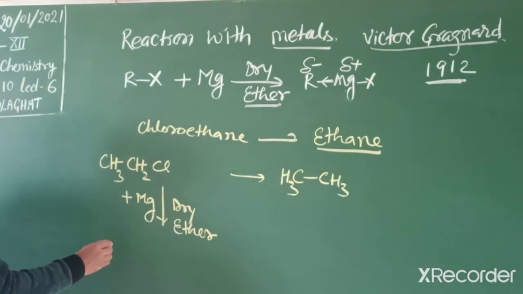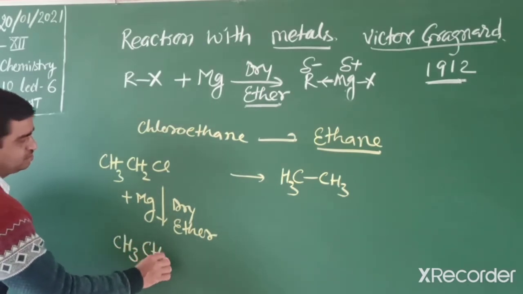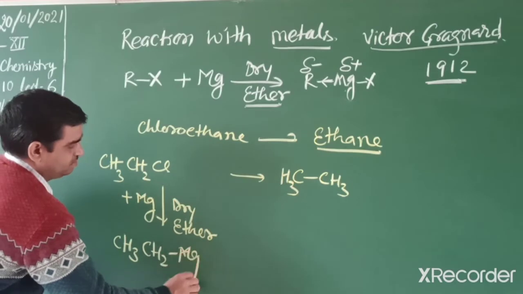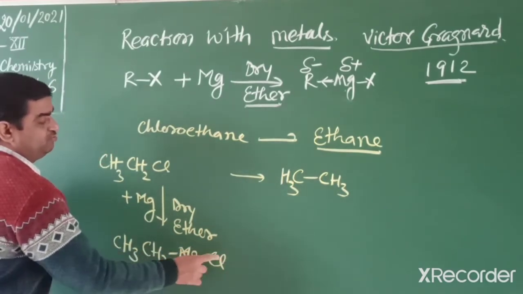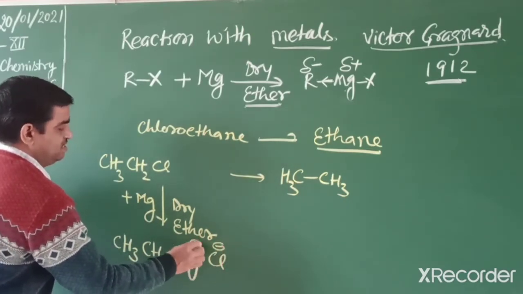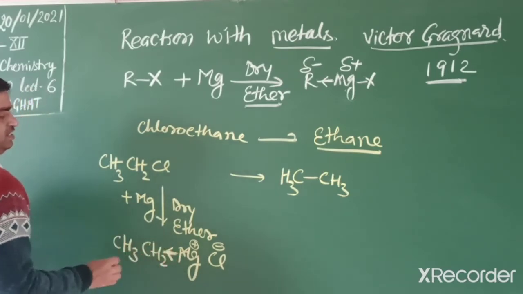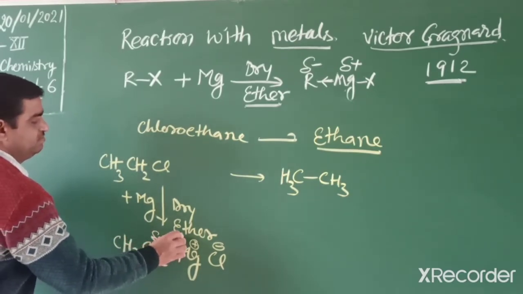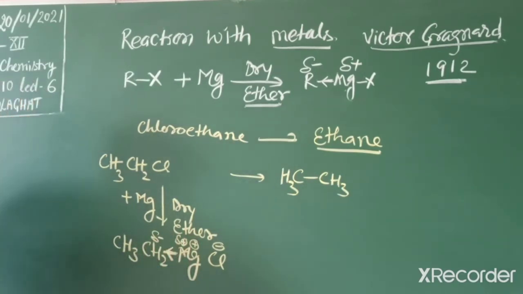So it is converted into a Grignard reagent, that is CH3CH2MgCl. The bond in magnesium chloride is purely ionic, while the carbon and magnesium bond is partial in nature, delta negative and delta positive, due to the difference of electronegativity.